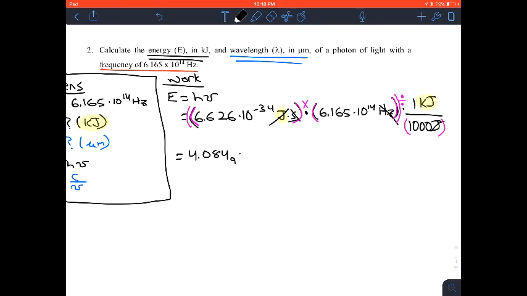4.0849 times 10 to the negative 22nd kilojoules. Okay, so of course we need to round to 4 sig figs. So therefore, this answer, the energy, is about 4.085 times 10 to the negative 22nd kilojoules.